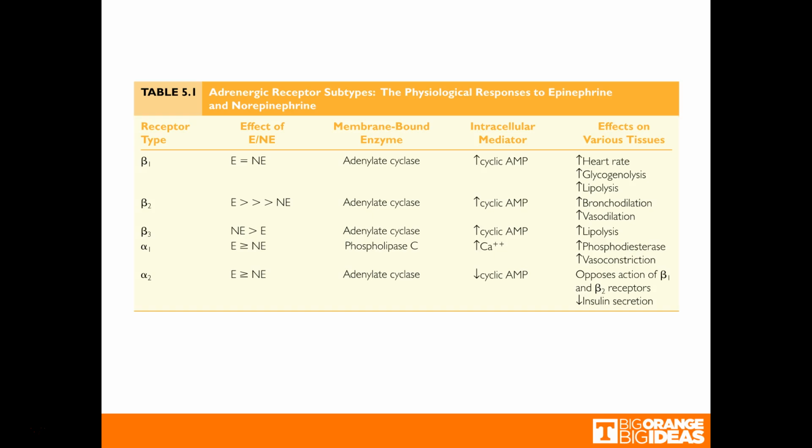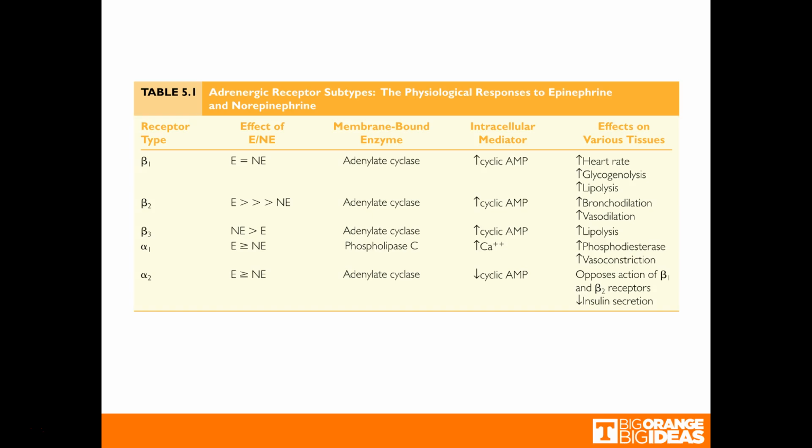So with beta 1 receptors, epinephrine and norepinephrine have equal impact. They're going to lead to an increase in heart rate, an increase in glycogenolysis, and an increase in lipolysis. So an increase in the mobilization of free fatty acids, an increase in how much glycogen is being broken down in the muscle, and your heart rate's going to increase.